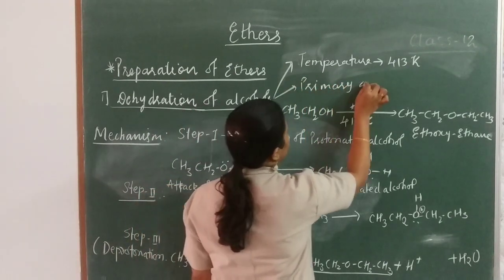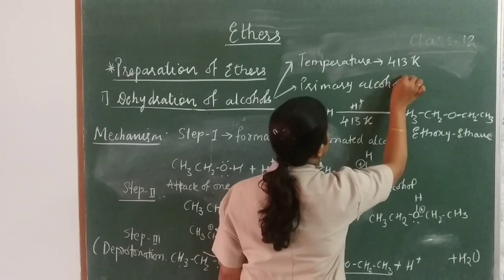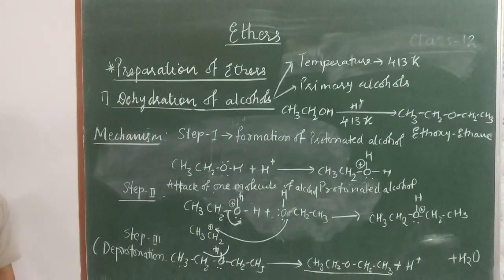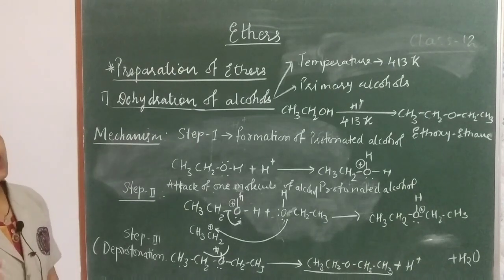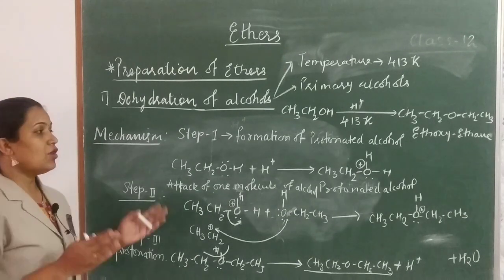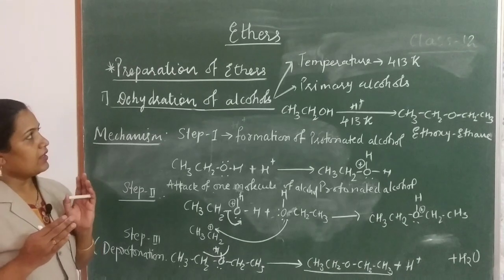Only primary alcohols can undergo this dehydration to give ethers. Otherwise, the rest of the alcohols won't give ethers. Secondary and tertiary alcohols will give alkene, not ethers.